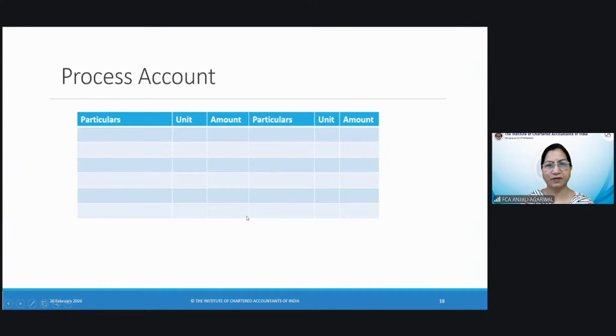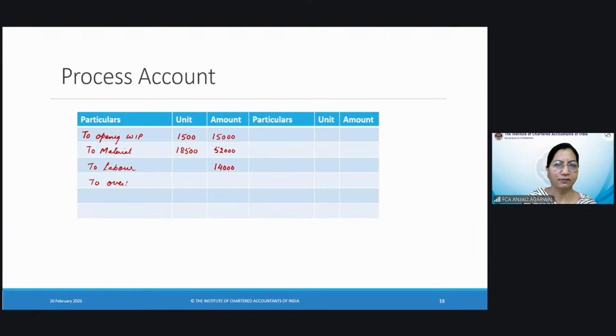So let's prepare the statement of process account. We will write here to opening WIP, that was 1,500 units and costing 15,000, to material 52,000, 18,500, to labor 14,000, and to overheads 28,000.